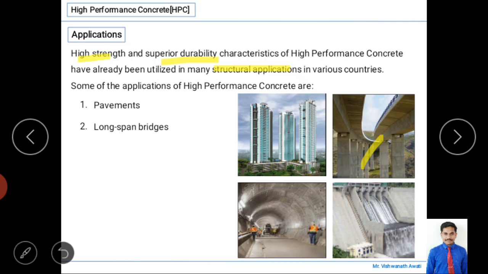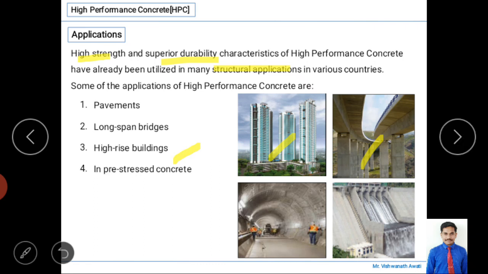Then high rise buildings, because of good workability and pumpability, and it gets good early strength comparatively. So that's why they use it for high rise buildings also.